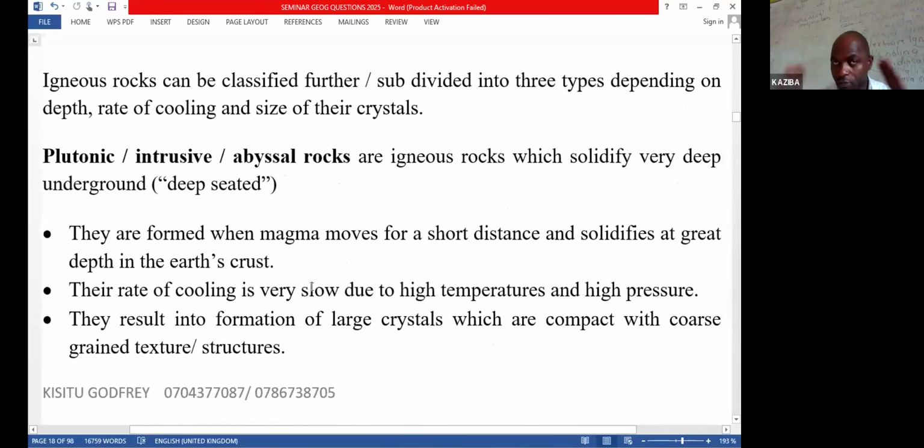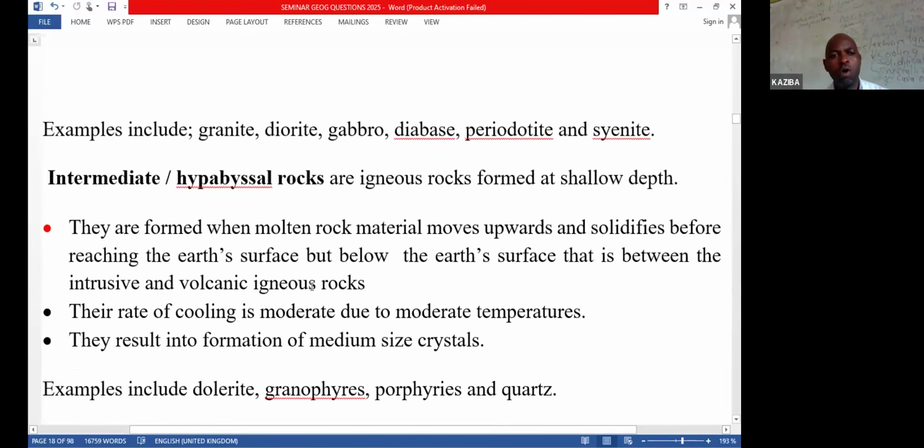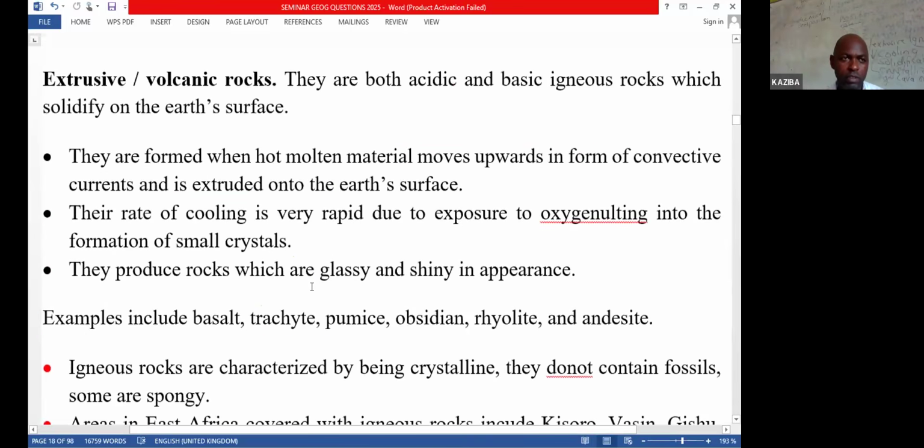Under that classification, the first type is extrusive. Extrusive means on Earth's surface, okay? Extrusive, also volcanic. These are formed as a result of cooling, solidification, and crystallization of molten rock material onto the Earth's surface.